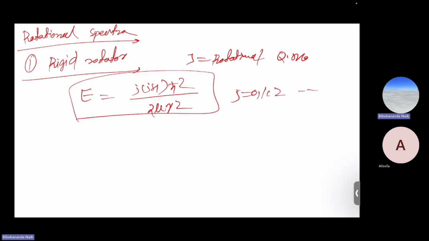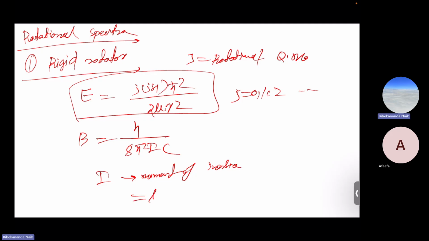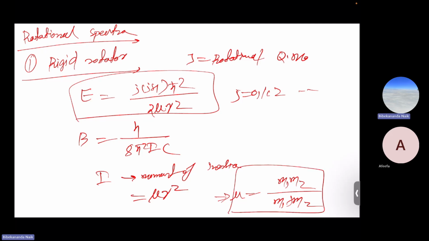There we introduced a rotational constant B, which is h by 8 pi square I c, where I is the moment of inertia, called mu r square, and mu is the reduced mass of the system, m1 m2 divided by m1 plus m2.